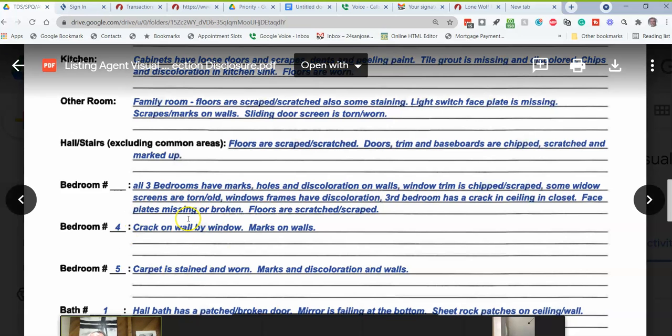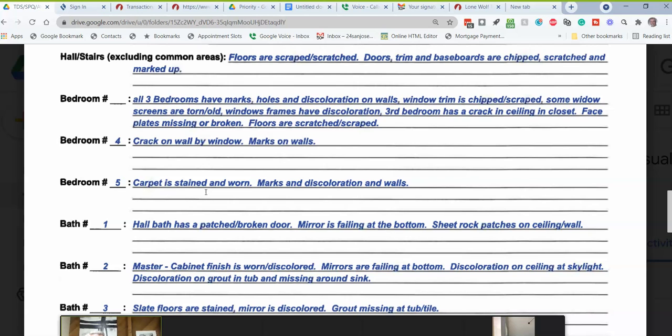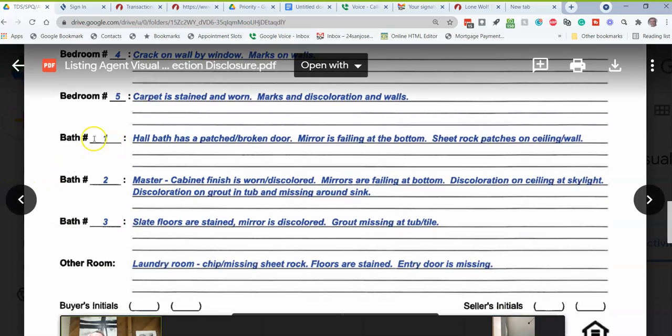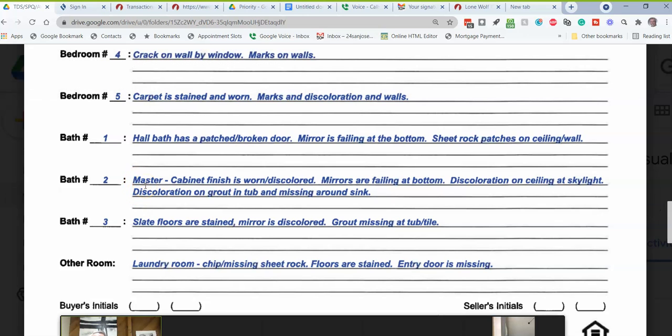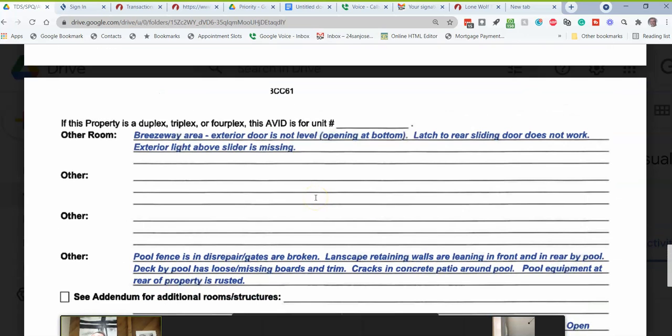I gave you a copy of this, but you can see this is what a thorough AVID looks like. So the bathrooms, notice he's explaining which one it is, the hall bath, the master or primary bath. Slate floors are stained, laundry room, chips are missing, breezeway, door is not level.